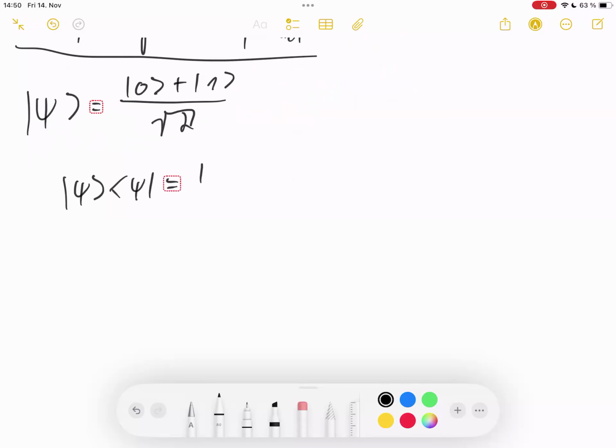So psi ket is up there, 0 ket plus 1 ket divided by the square root of 2. And the relationship of ket and bra was that one was the adjoint of the other. Just put this here as an explanation.